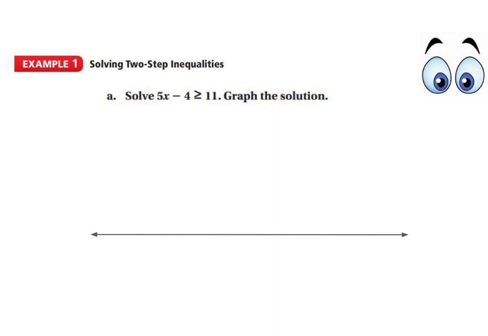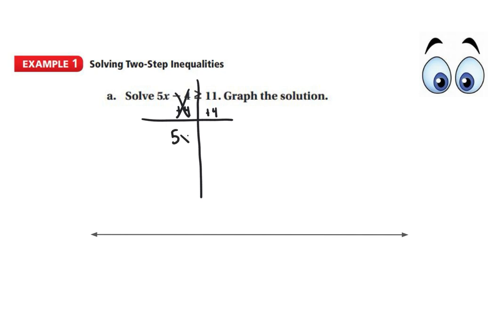So for question 1, let's solve this two-step inequality. We'll set up our structure by drawing a line down through the center. And then we have to undo adding and subtracting first. So we'll add 4 to both sides. Plus 4 and minus 4 are opposites, canceling each other out.